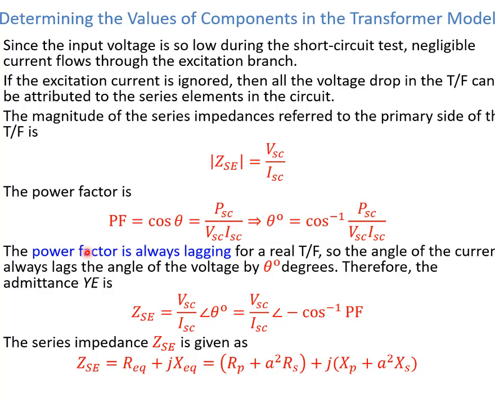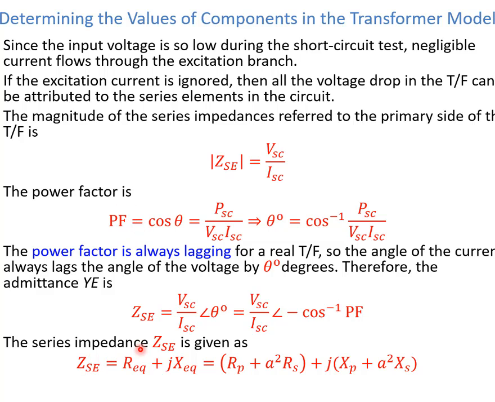The power factor is always lagging for a real transformer because of the inductive load. So the angle of the current always lags the angle of the voltage by theta degrees. Therefore, the impedance ZSE can be written as VSC over ISC, with the angle of minus cos inverse of the power factor.